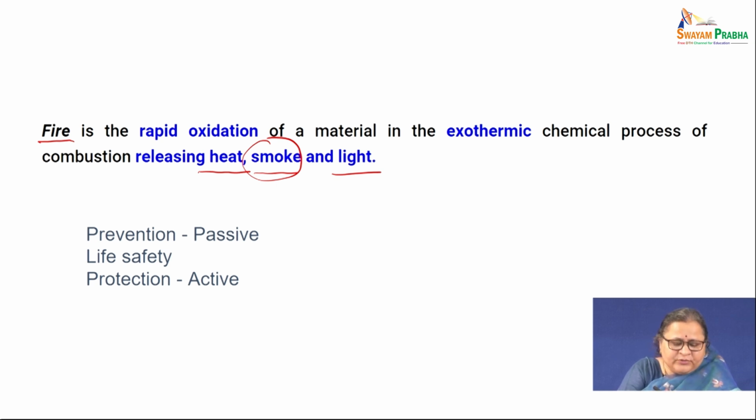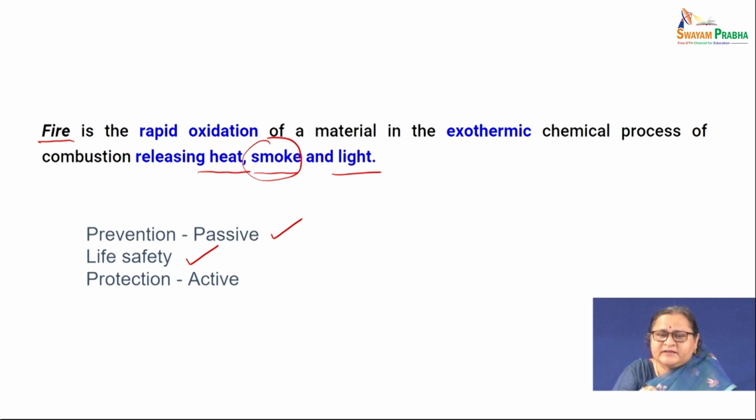So, we have various design guidelines, codes and standards, which are the passive part of preventing fire destruction. With fire, another thing which comes into importance is life safety, because that is of prime importance. One loss of life is very precious, so we cannot afford to lose life.